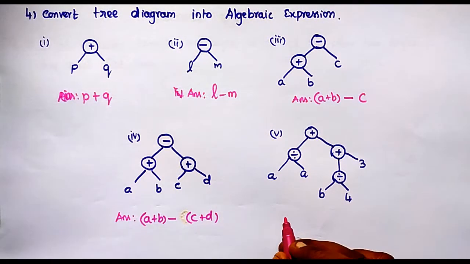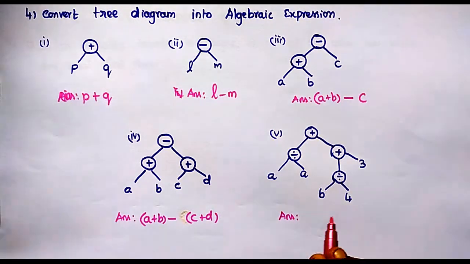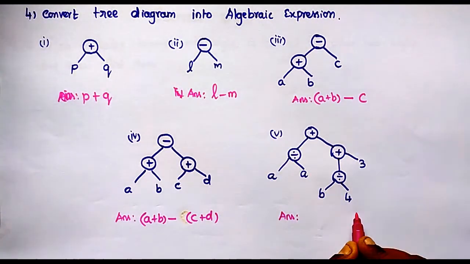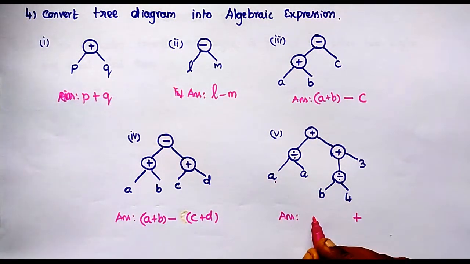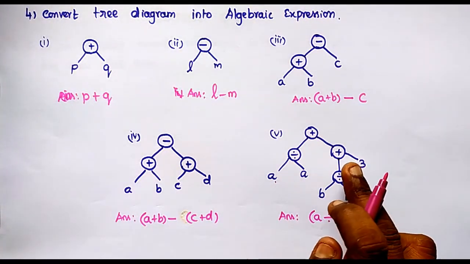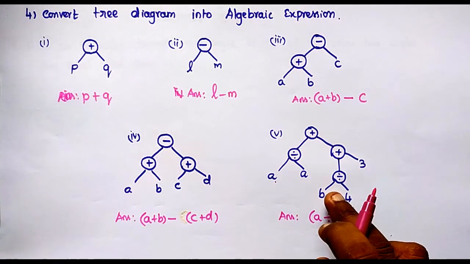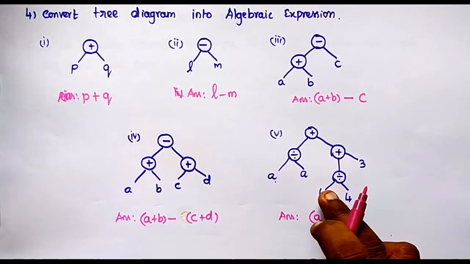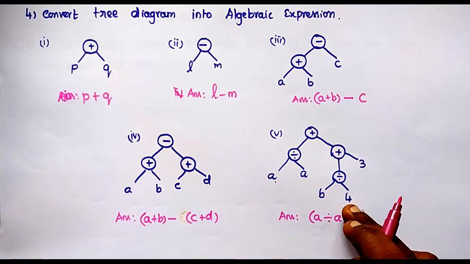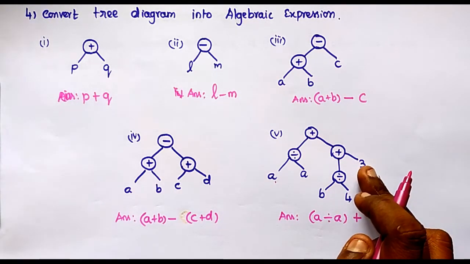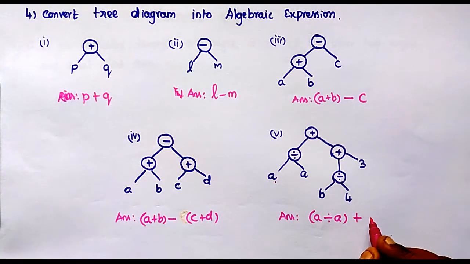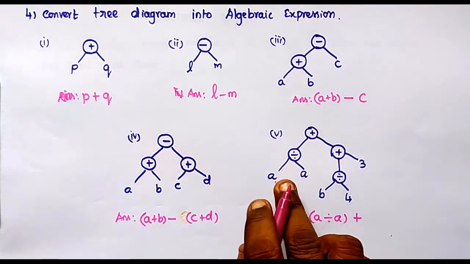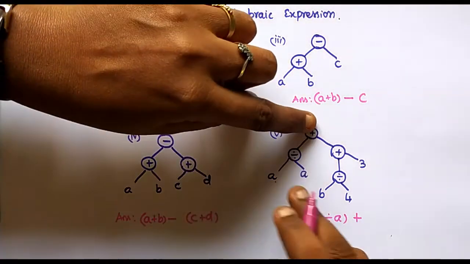That is the answer. Next one, plus, a divided by a, and listen here, b divided by 4 and 3. Listen here, plus operation.